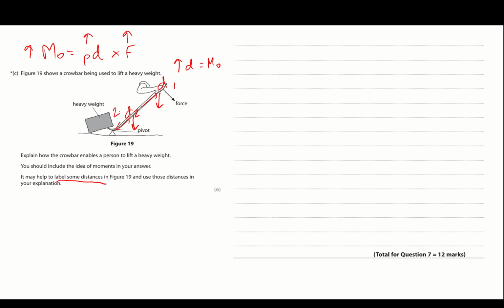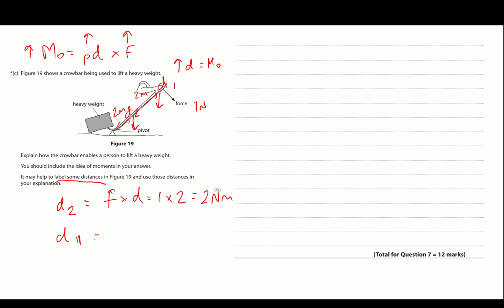So I could go 2 meters, another 2 meters, and I could use a force of 1 Newton. And then I can say for D2, moment equals force times distance. So that's going to equal 1 times 2 equals 2 Newton meters. And then I could say for distance 1, which is further away, I don't know why I put a dot on that.